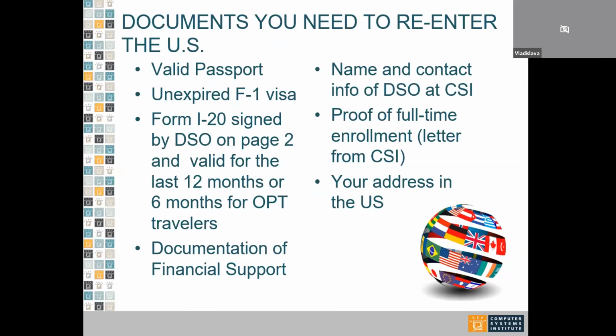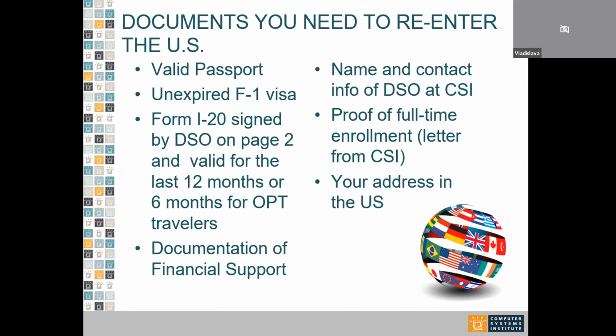What documents do you need to re-enter the United States normally? Of course, you need a valid passport. It must be valid for at least 6 months when you enter the United States. You need to have an unexpired F1 visa. As I mentioned, if your visa is expired, you need to apply for a new F1 visa in the home country in order to re-enter the United States.